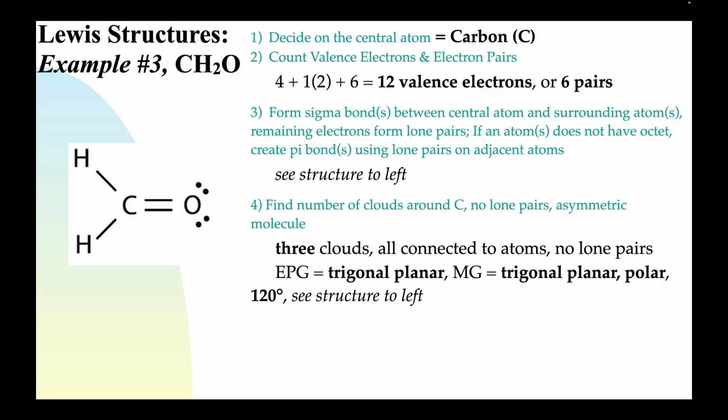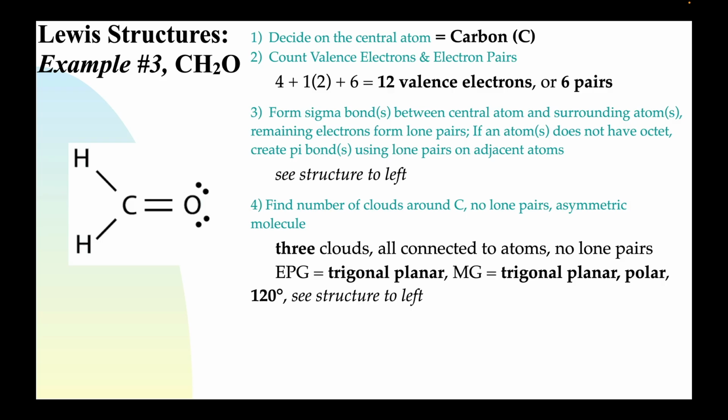We had to share one of those pairs, though, with carbon, because carbon also needs to have an octet, i.e. 4 pairs. So that carbon has 1, 2, 3, 4 bonds around it. It's totally happy, 4 pairs of electrons. But oxygen also has 4 pairs. It has 2 pairs to the atom carbon, 2 bonding pairs, and it has 2 lone pairs on it exclusively, so everybody's happy. And remember, hydrogen's happy with just 1.